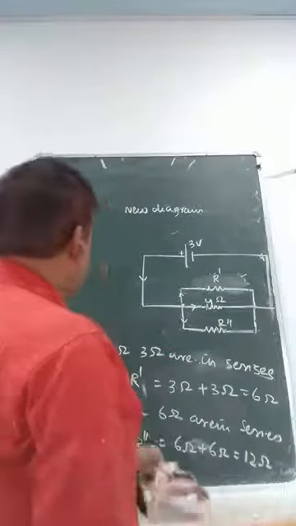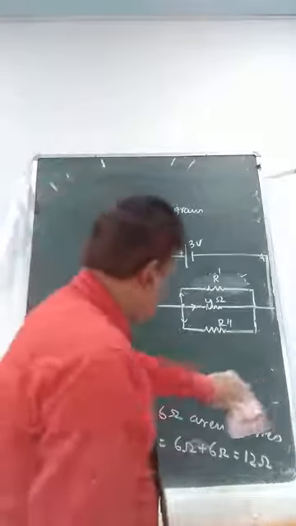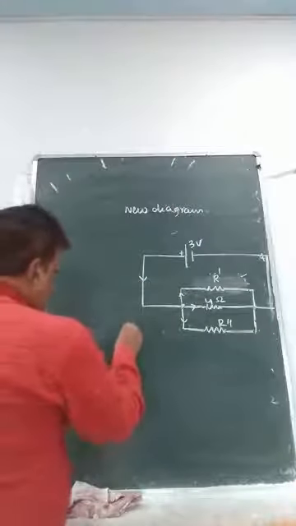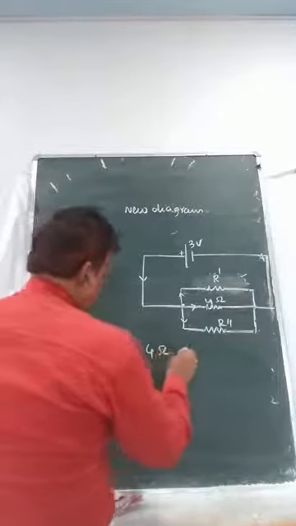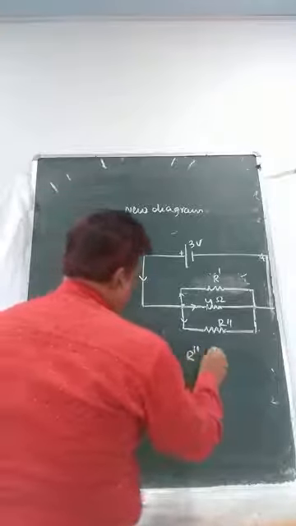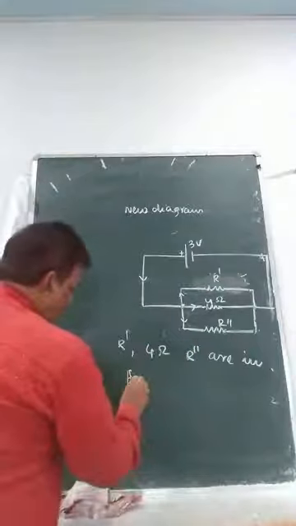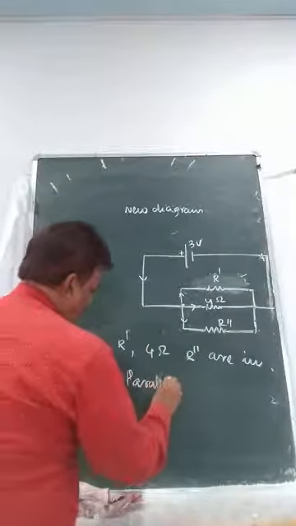So you can write down R dash, 4 ohm, R double dash are in parallel connection.